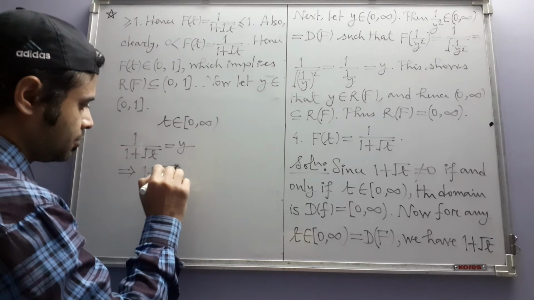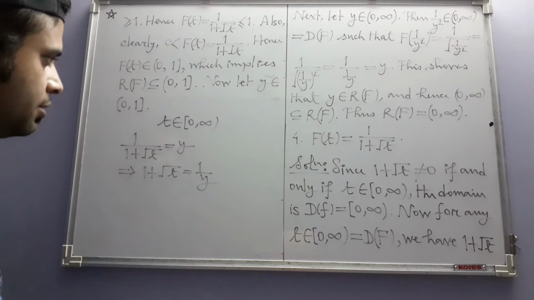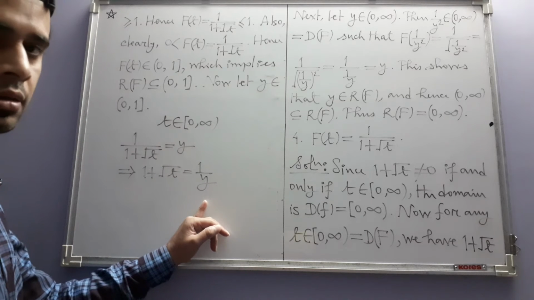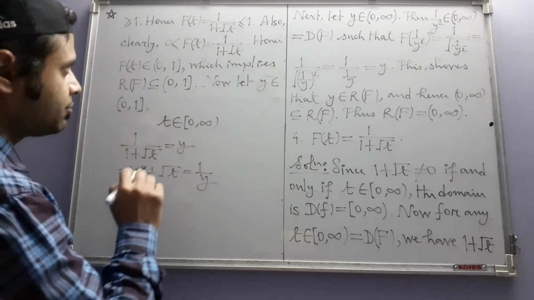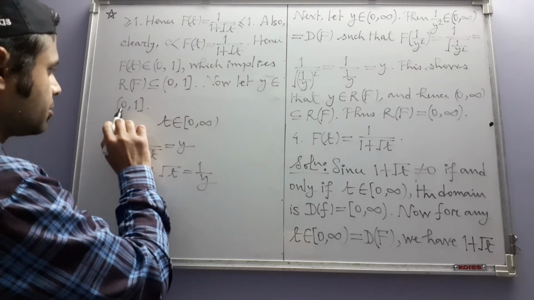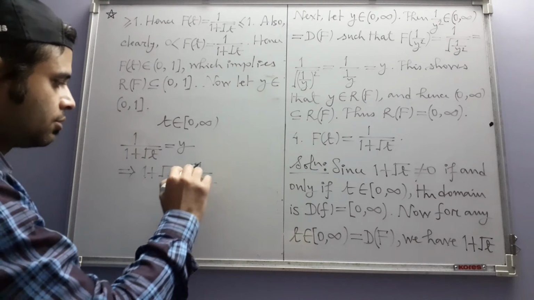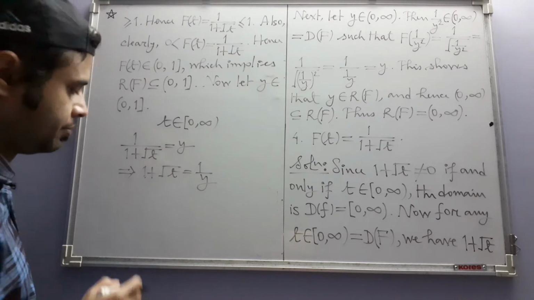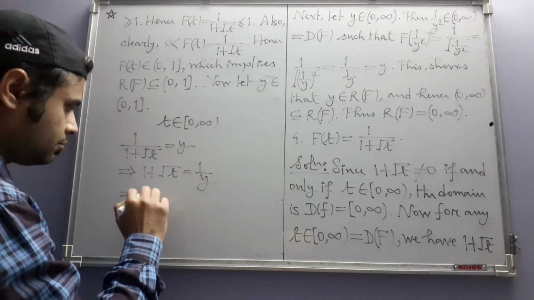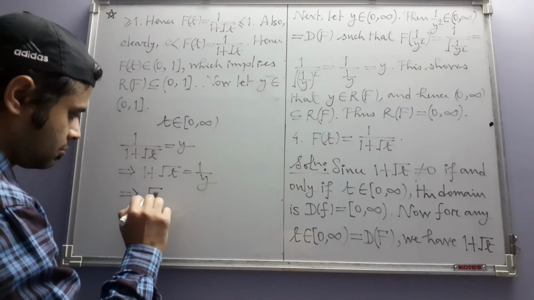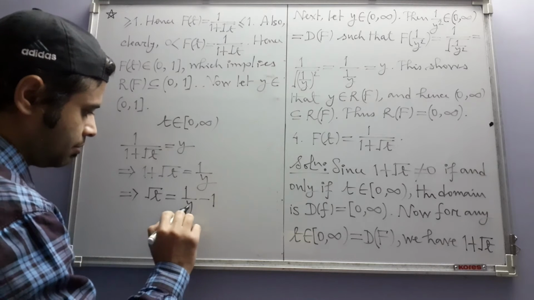1 plus square root of t is equal to 1 over y. But every step has to be carefully seen for error, carefully monitored. We have chosen y here, so that means y is not equal to 0. Y is a positive real number, so we can take reciprocal. So there is no problem with this step. And then square root of t is 1 over y minus 1.